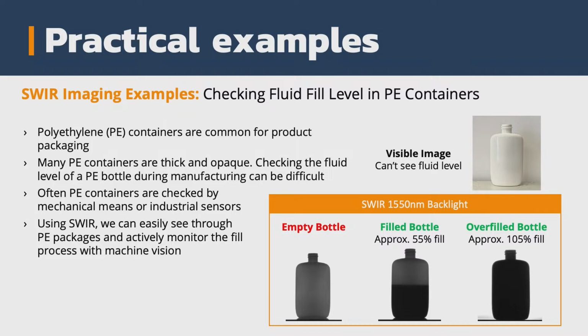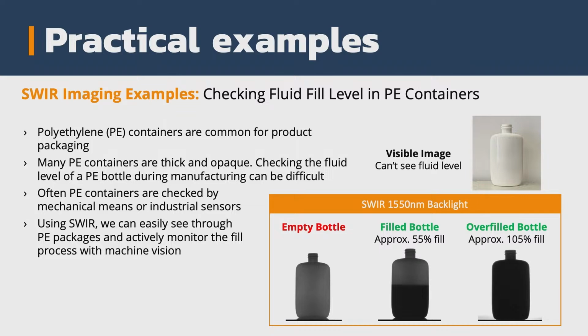If you look at the SWIR images we've captured with the 1550 nanometer backlight, you can see the one furthest on the left is an empty bottle, and much like the coffee, we can see there's just an even grayscale from the package itself, but there's no dark fluid inside.